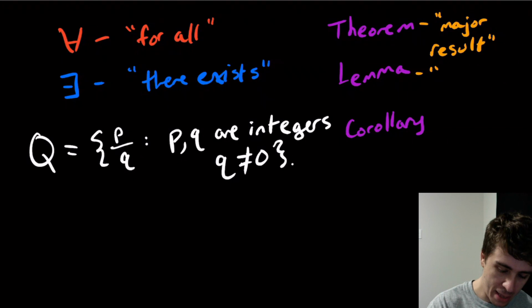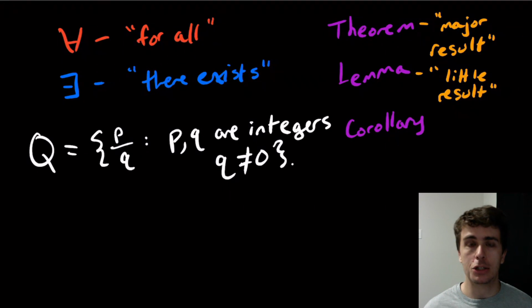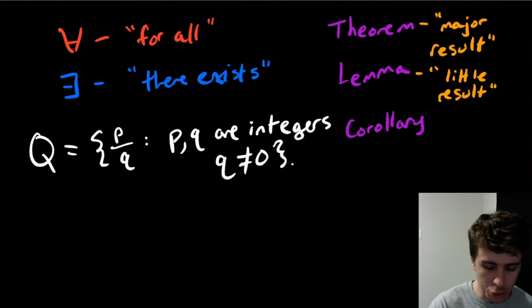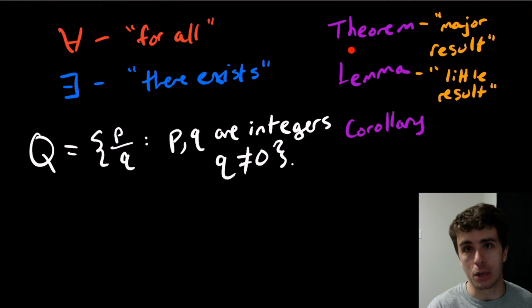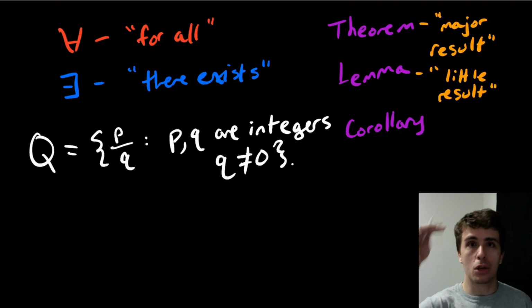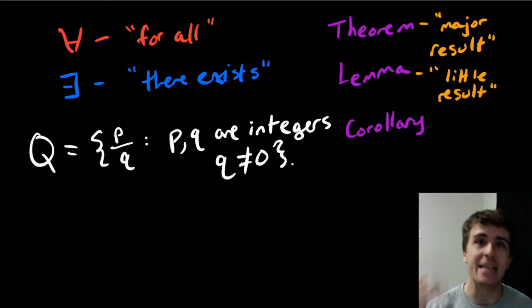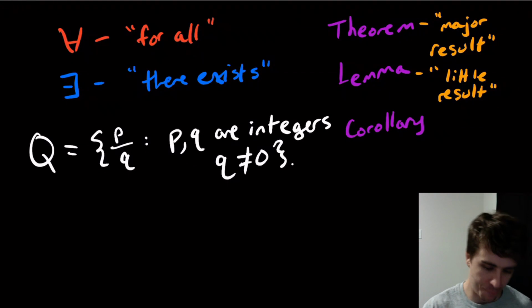A lemma is a little result. It sometimes is a helper. So if you want to prove a theorem, it might be too hard to prove it directly or too long of a proof. So what you sometimes do is you use several lemmas to help prove an actual theorem. And that makes proving the theorem a lot easier because you can just say, oh, look at the previous lemmas we just did and appeal to them.